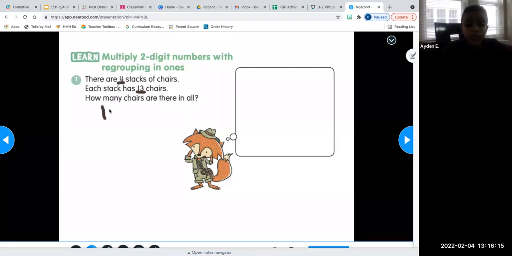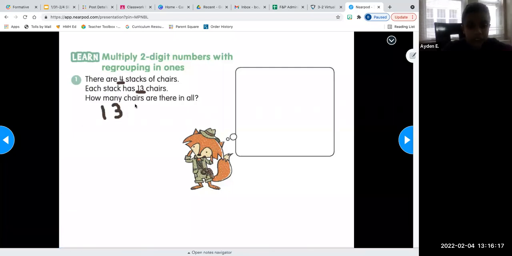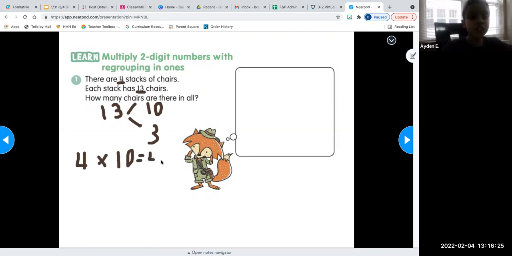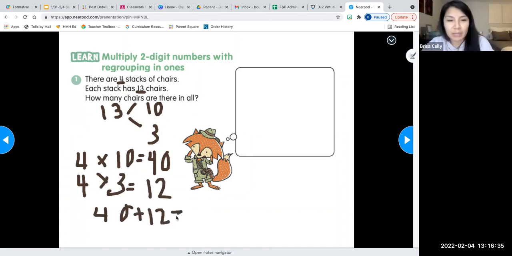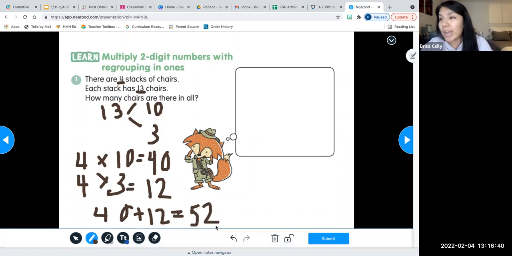Like let's do 4 times 10. 4 times 10 is 40. Then let's do 4 times 3, which is 12. 40 plus 12 is 52. Ooh, surprised I could keep up. That is definitely one way to make sure an answer to a multiplication fact is correct.